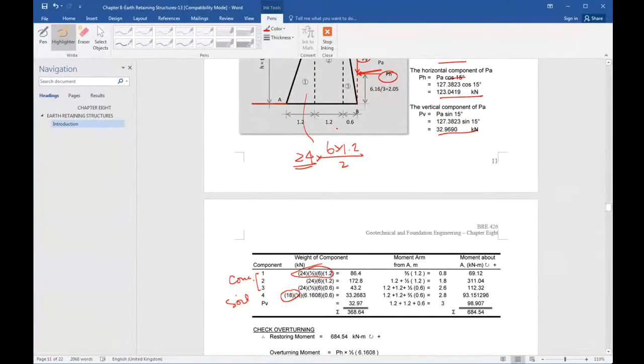Okay, then you have to take moment about the toe. Remember the toe, because it's rotating about that point, right? It's rotating about that point, the toe.